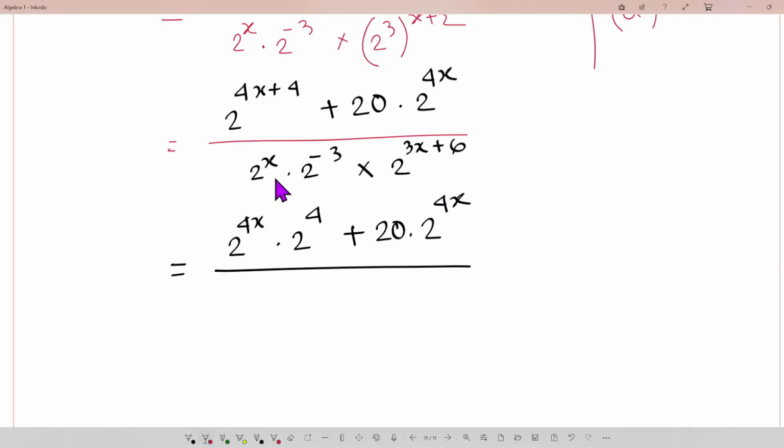Now look here, 2, 2, 2. We know once the bases are the same, the powers can be added. So in this scenario we can do two things. Suppose here is 2 to the power x times 2 to the power minus 3, times this one we can write 2 to the power 3x times 2 to the power 6.